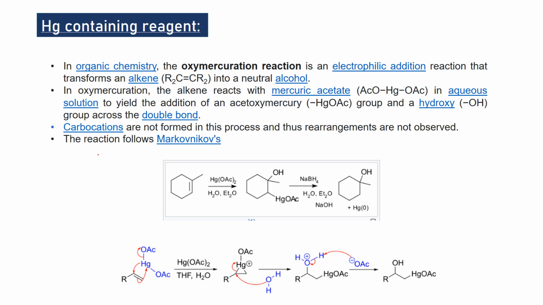And after the reduction reaction, this mercury can be replaced with H. As this reaction goes through a concerted type of pathway, no carbocation is formed and the reaction follows the Markovnikov rule. So here I have shown the schematic diagram.